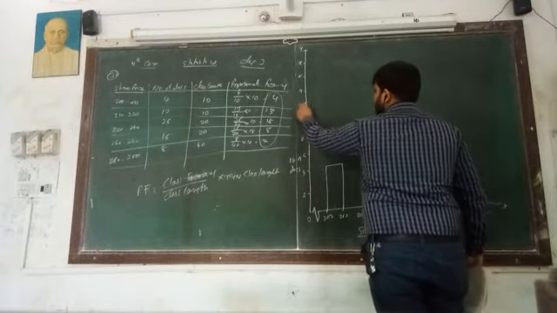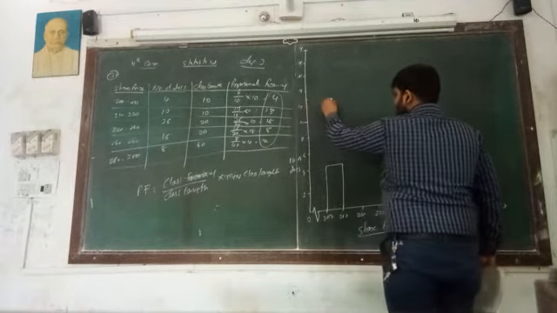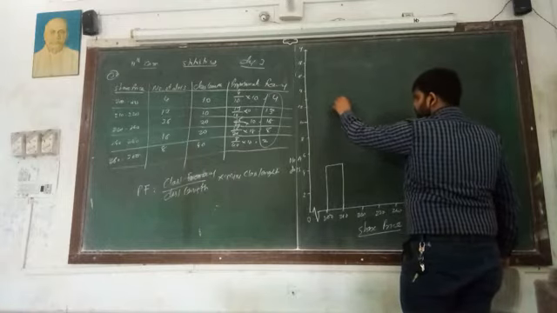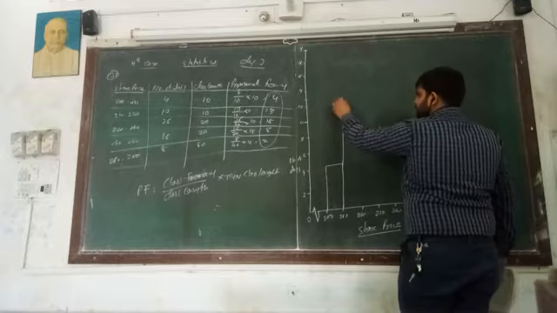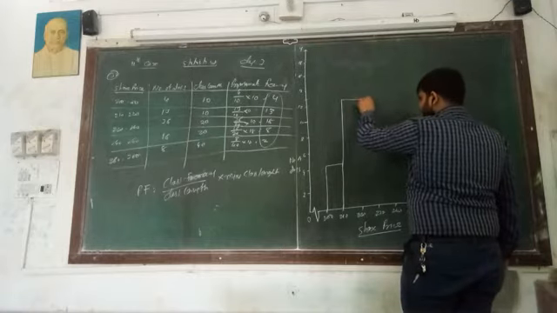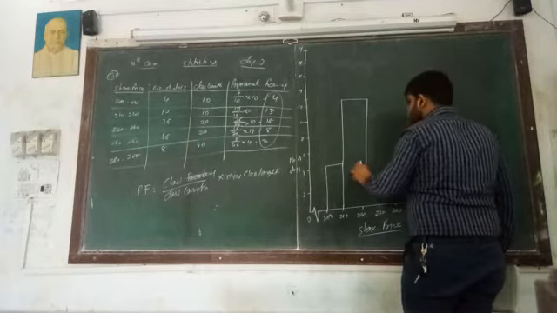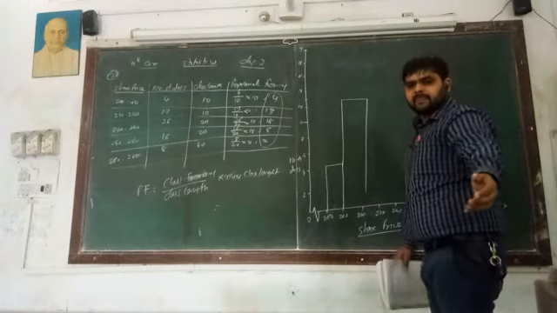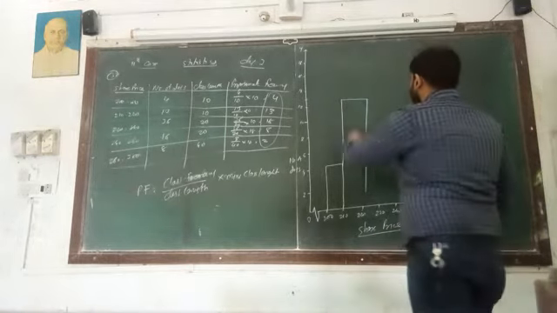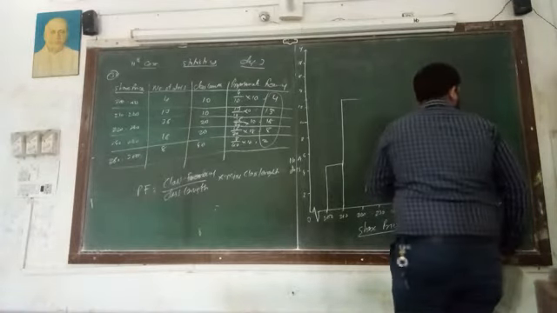Between 12 and 14, the middle one is 13. So join this line up to 210.